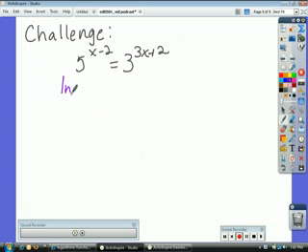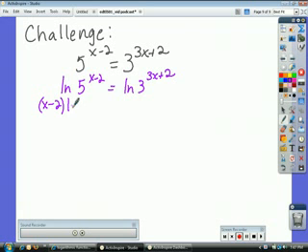So the natural log of 5 to the x minus 2 is equal to the natural log of 3 to the 3x plus 2. Now we have to apply the properties of logarithms, which tells us that we can take these exponents and bring them to the front and multiply them by the logarithmic expression. So this will be x minus 2 times the natural log of 5 is equal to 3x plus 2 times the natural log of 3.